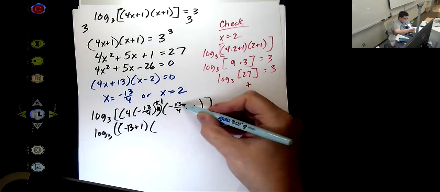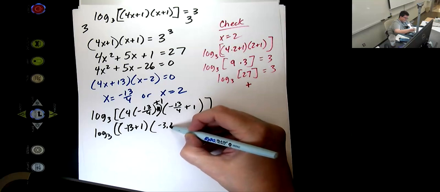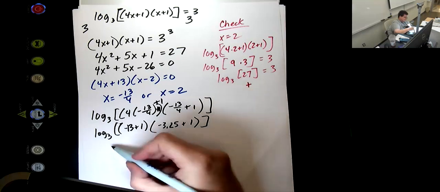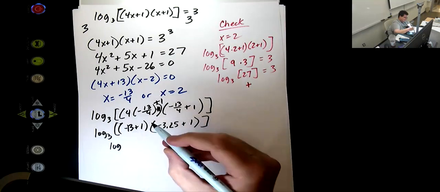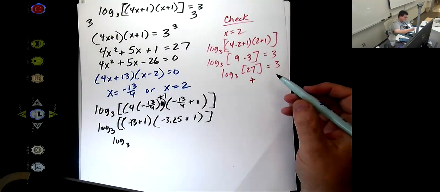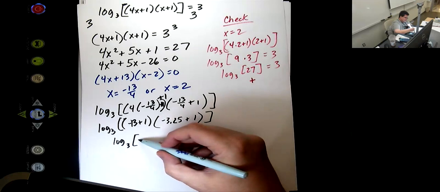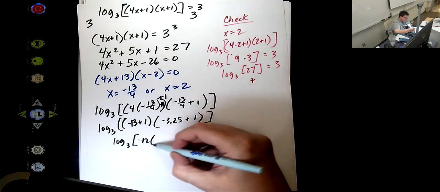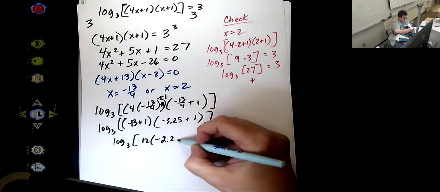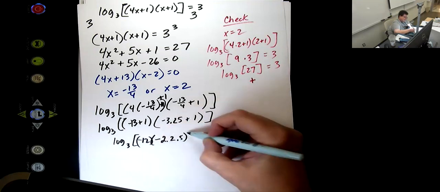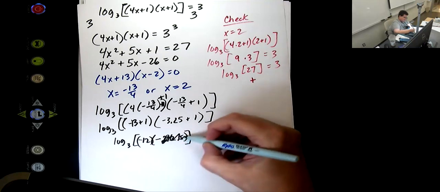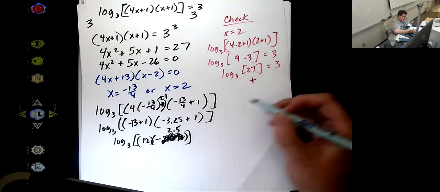And let's write this as a decimal, negative 3.25 plus 1, and then times negative 3.25 plus 1. I got log base 3 of negative 12 times negative 2.25.